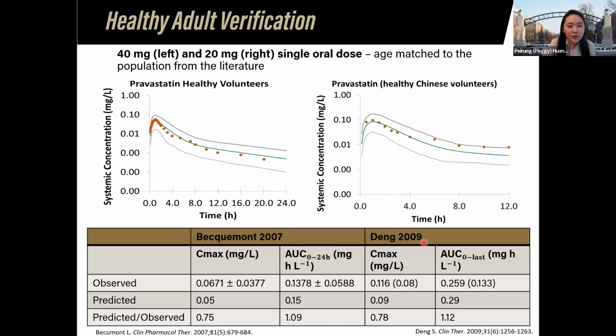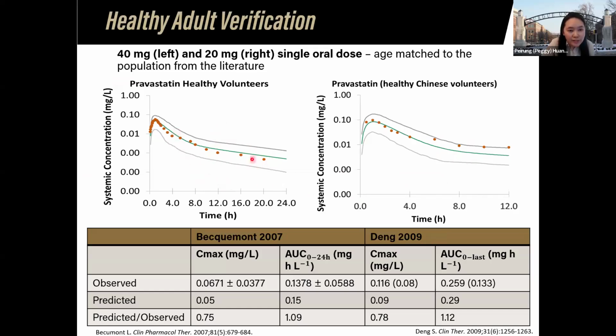And here we compare to two observed datasets from the literature. On the left side is the study conducted by Huang. They administered a 40 milligram single oral dose. On the right side, they administered a 20 milligram single oral dose, from the Dan study. And you can see the gray lines are the 5th and the 95th percentiles.